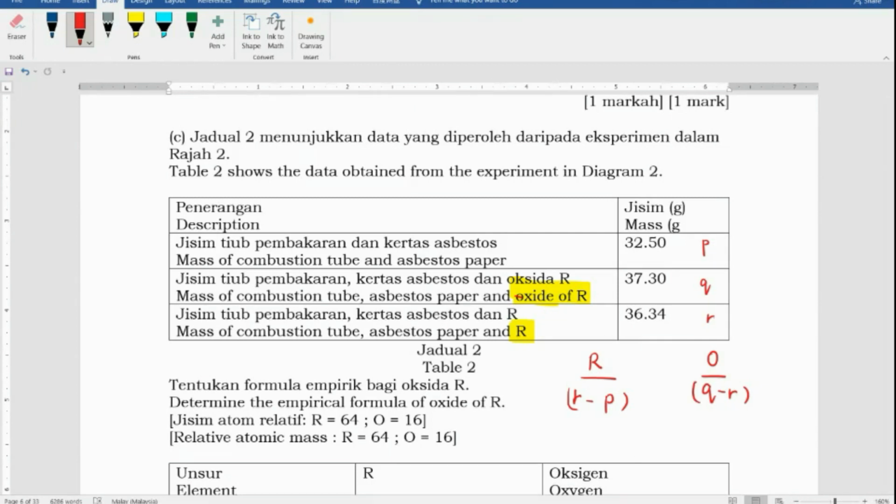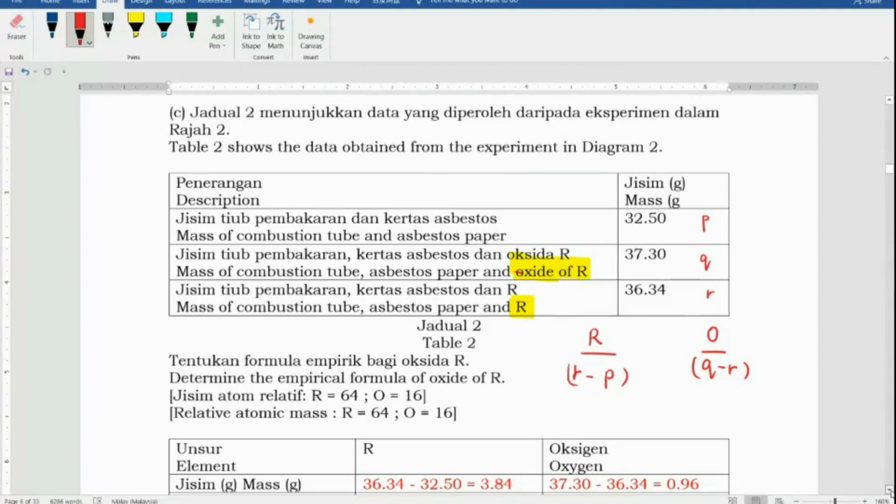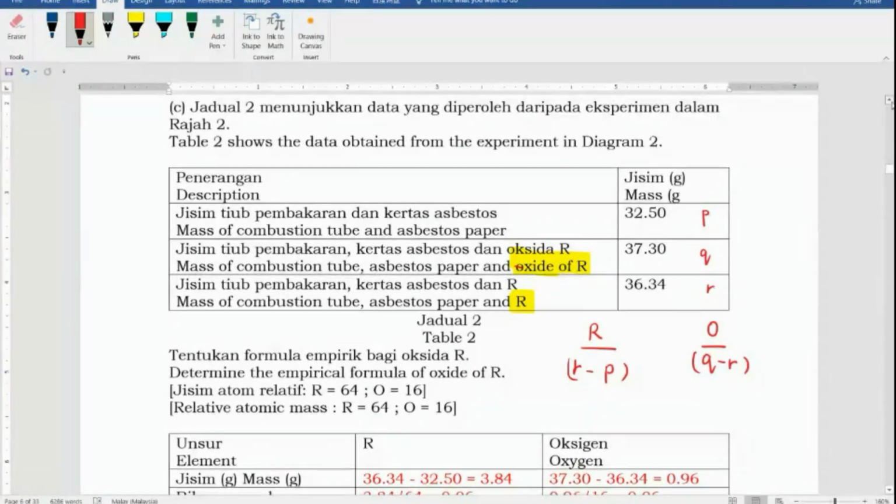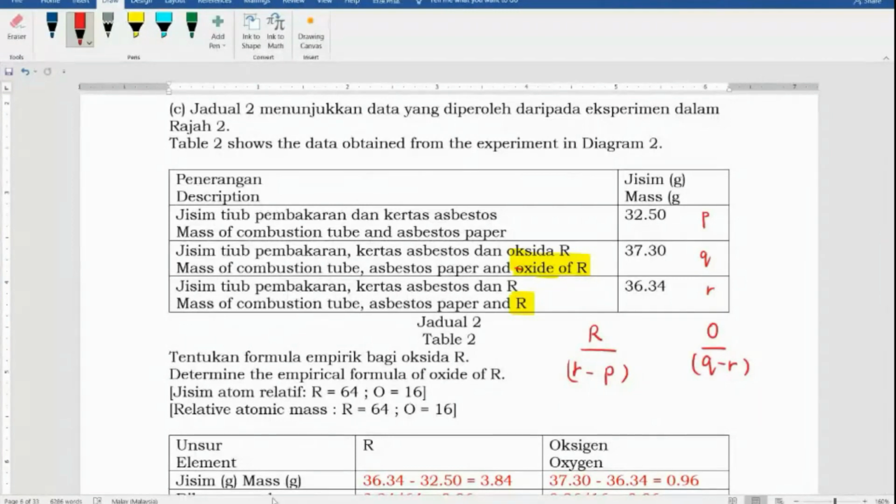So now can you calculate the empirical formula? The mass of R is R minus P, which means 36.34 minus 32.50.